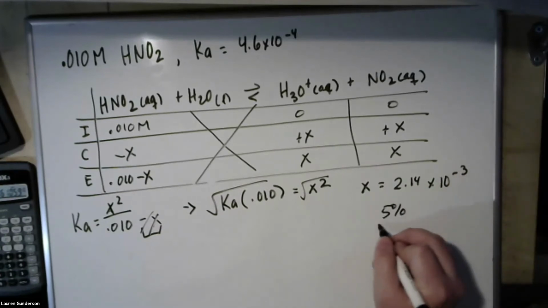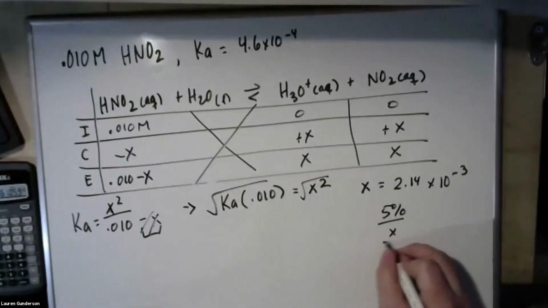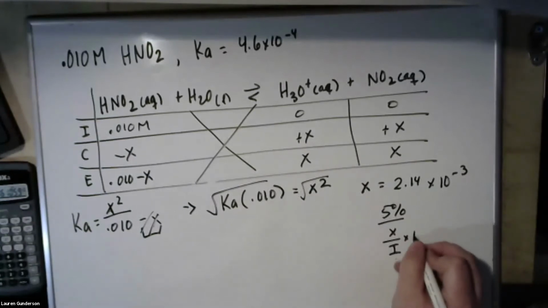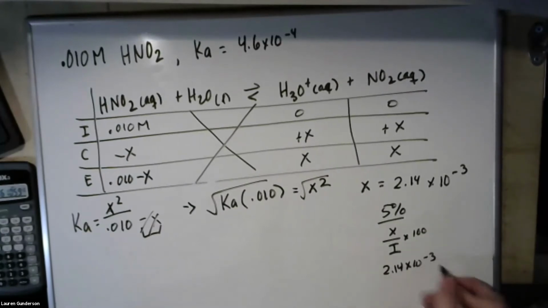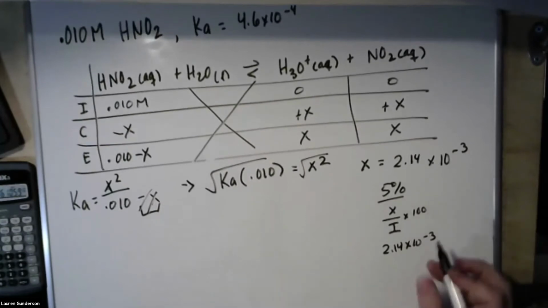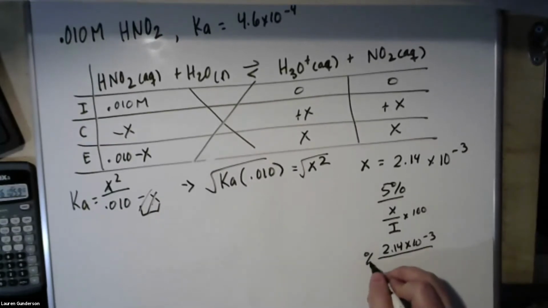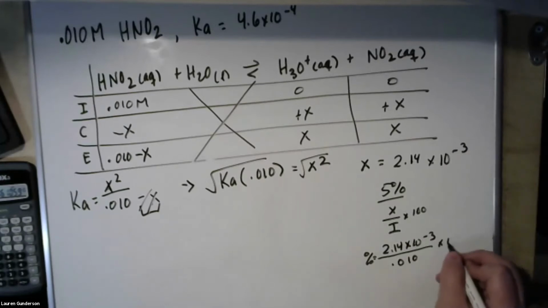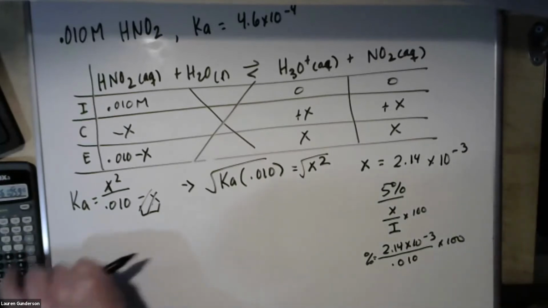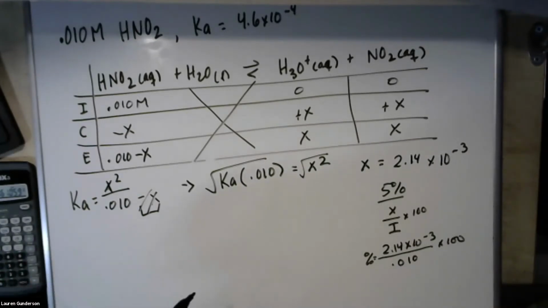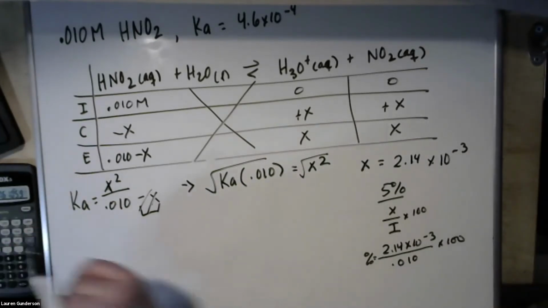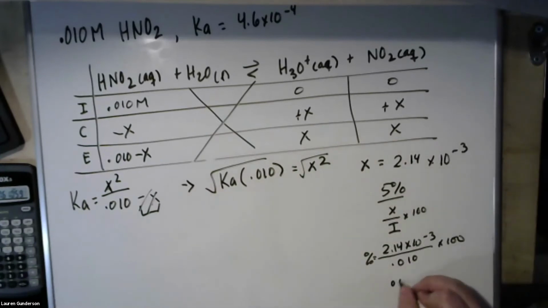To do our 5% check, we're going to take X divided by the initial times 100. So 2.14 times 10 to the negative 3 divided by 0.010. And we get 21.4%.